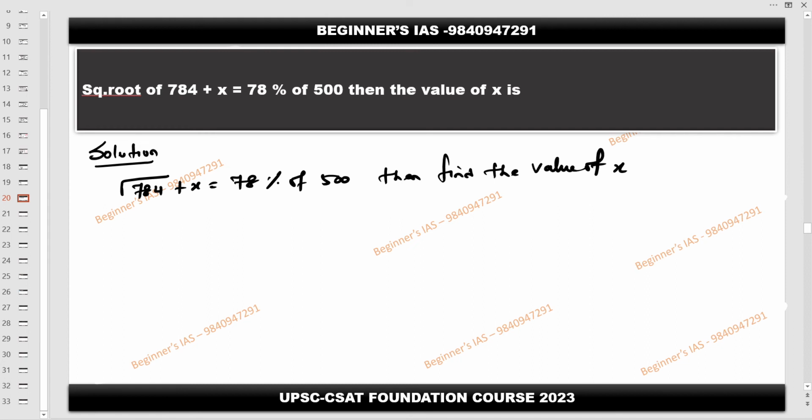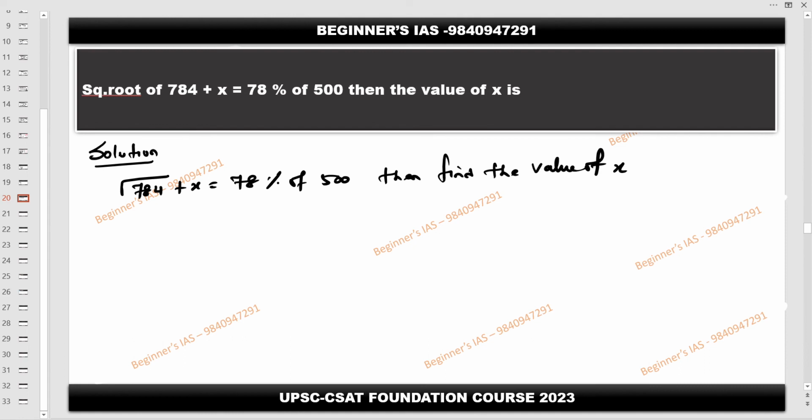It is a clear question: square root of 784 plus x is equal to 78 percentage of 500. I have not provided the whole root of 784 plus x. Some students are giving 362.